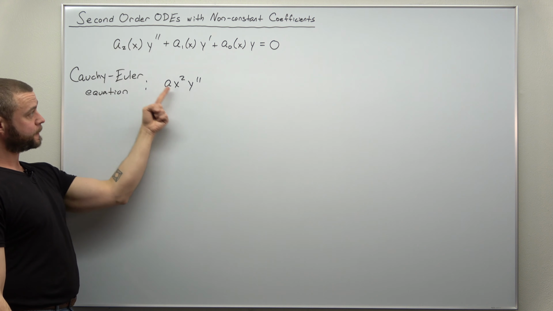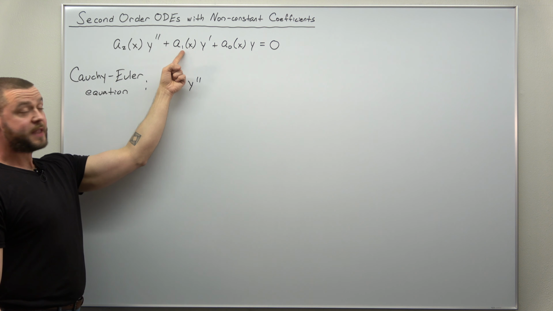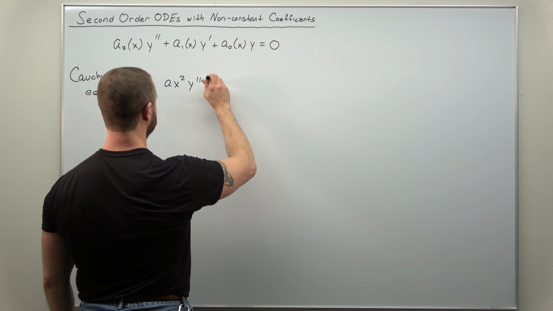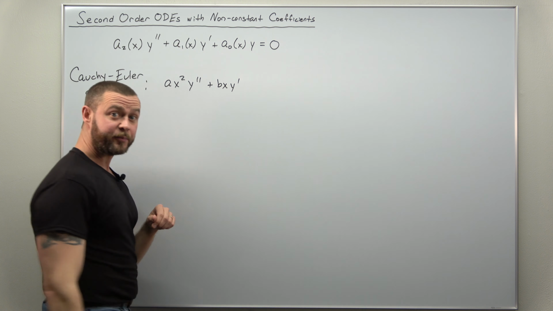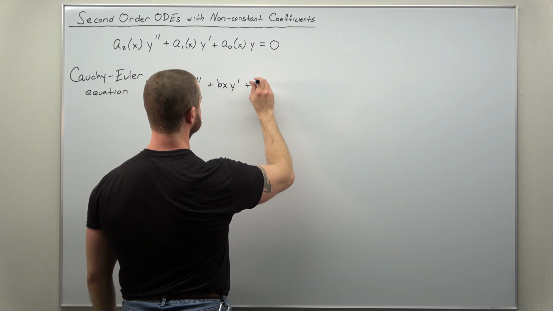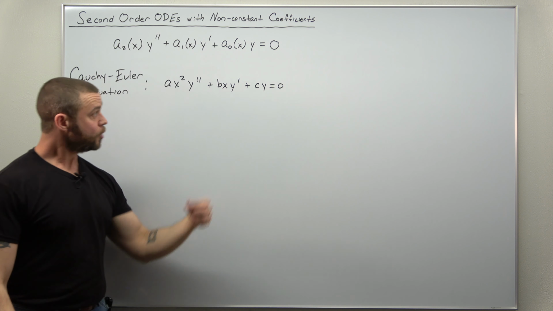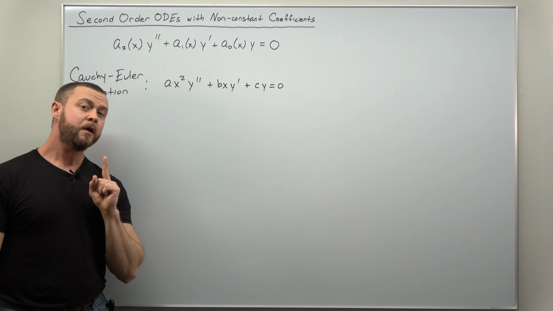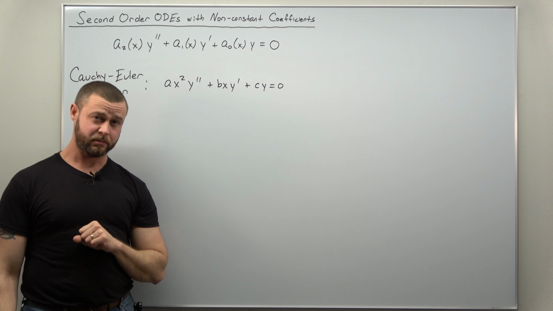Notice the power matches the order of the derivative. Now for a1 of x, we're going to have just x to the first power. That might look like b x times y prime. And then we have a constant times y. All right, and that is what's known as a Cauchy-Euler equation. You might also find it described as an equidimensional equation.